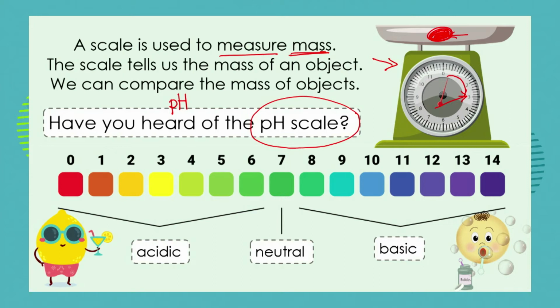Well, in the same way as this scale can measure mass, the pH scale is a measure of how acidic, basic, or neutral a substance is. So strong acids have very low pHs. The scale runs from 0 to 14.